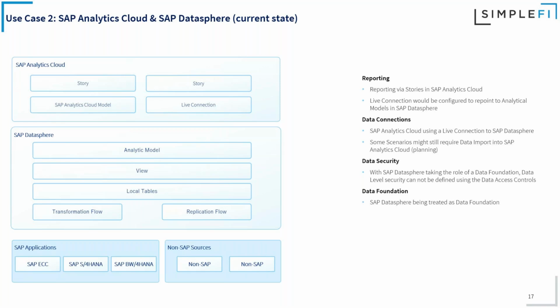Now, in the SAC world, either our analytical model becomes the data source, or as we mentioned before, we have an analytics cloud model where we load the data into SAC for planning purposes. But here we have a customer that has already invested into SAC and into Datasphere. So now, what is it that Business Data Cloud adds to the table in this picture?